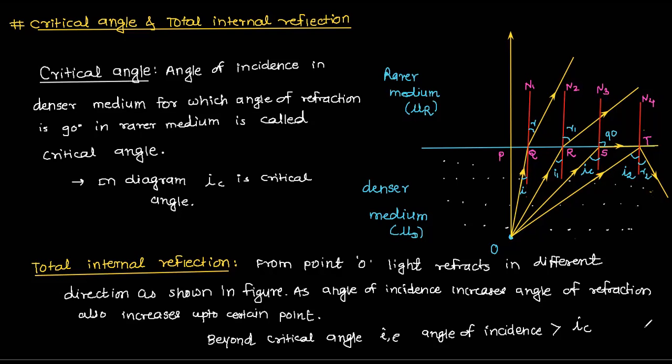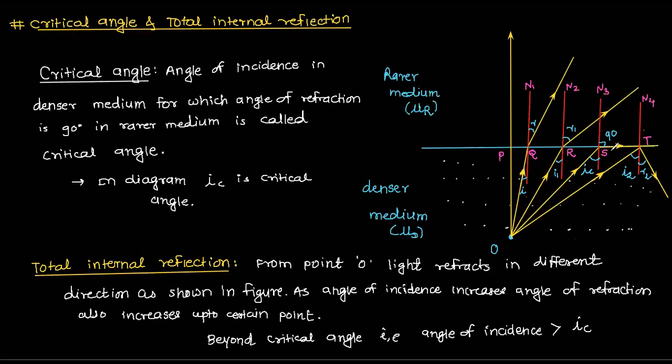So a simple heading I will give first: relation between critical angle and refractive index. Okay, so let's come back to the diagram. At point S, you see, can I use it like this?